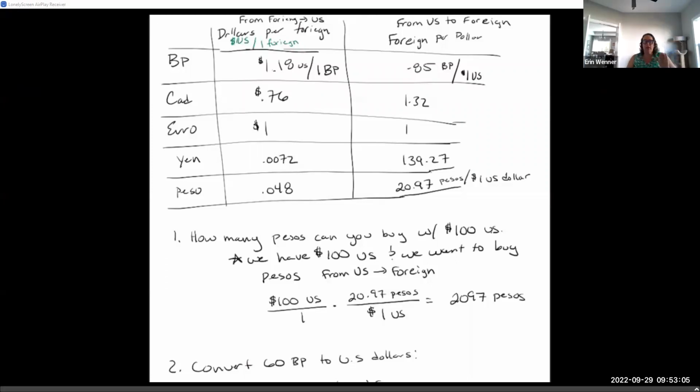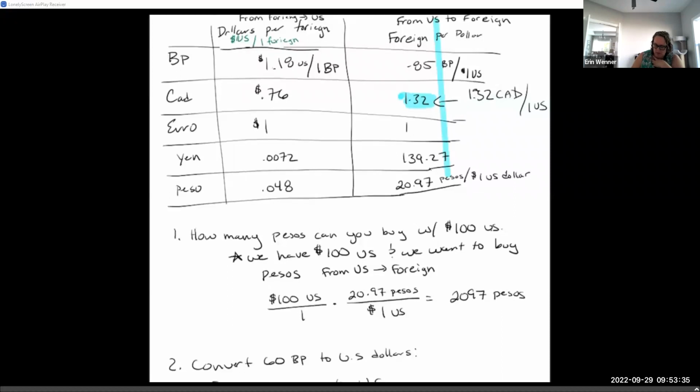Because we're converting US dollars to Canadian, we are going to use this column here. So when we look at the Canadian, we've got 1.32 Canadian per US dollar. That's what this means. $1.32 CAD per 1 US. So that's the conversion factor we want to use.